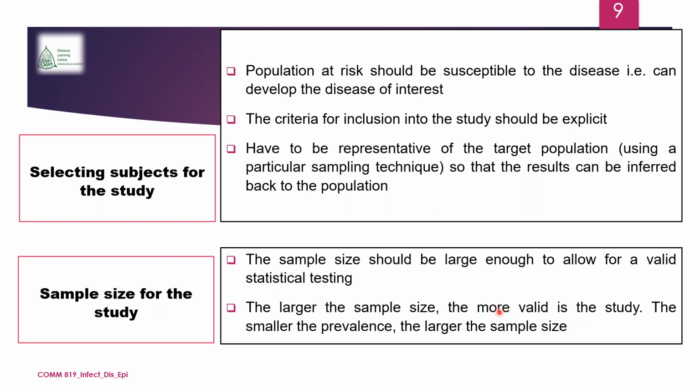For you to come up with a sample size, you need to do a sample size calculation for any epidemiological study. You don't just go and begin to randomly pick people. You need to do your calculation of sample size, and the sample size is usually based on the prevalence of a particular disease.